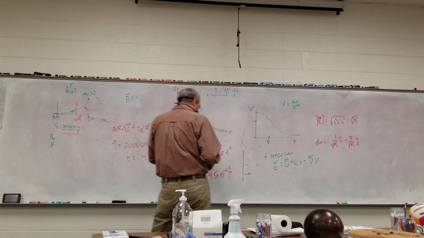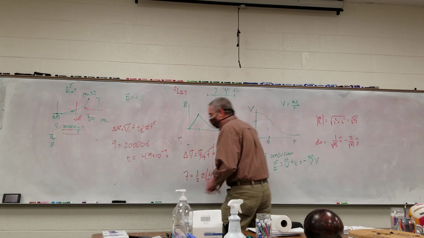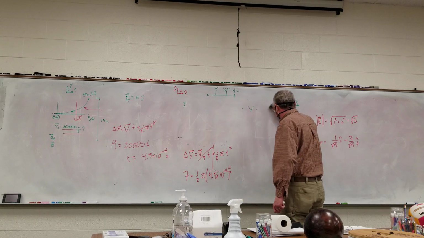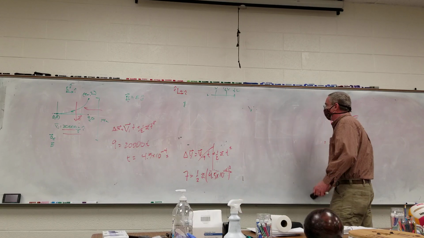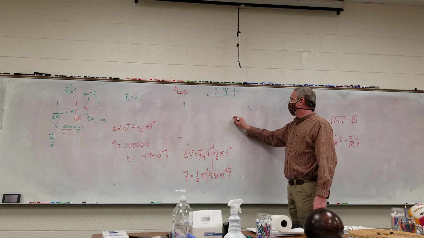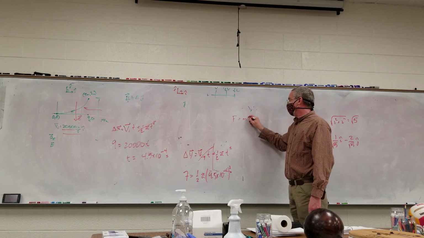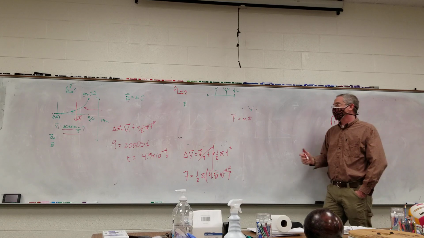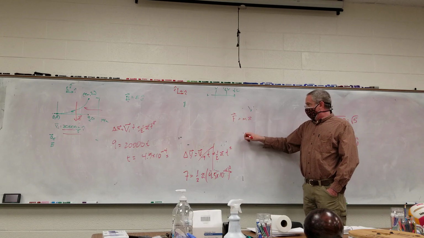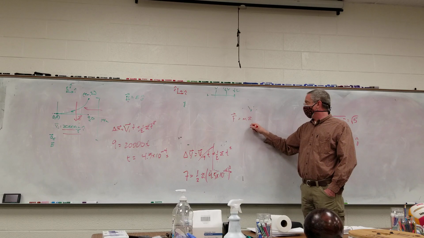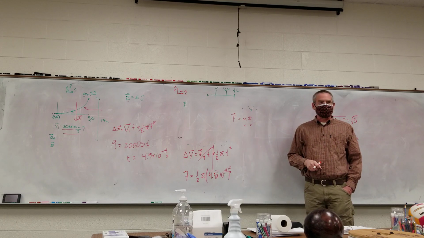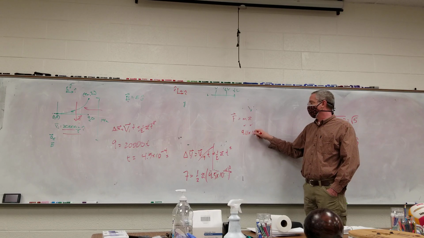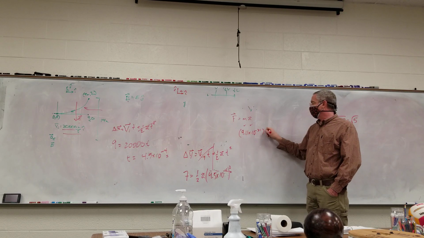I know that F equals ma. The mass of the electron is something you can look up, but presumably on the first page, 9.11 times 10 to the negative 31st kilograms.